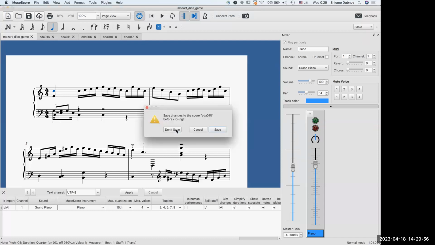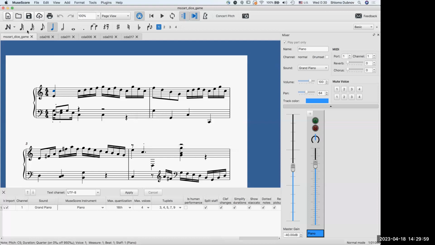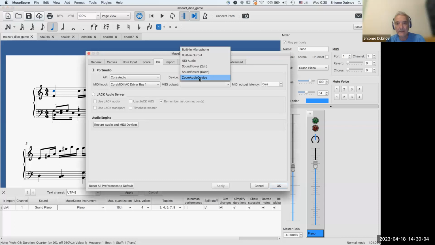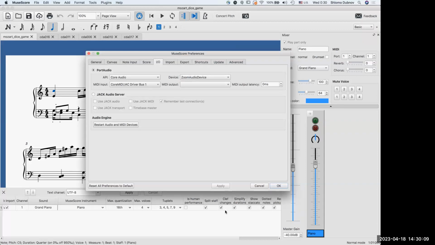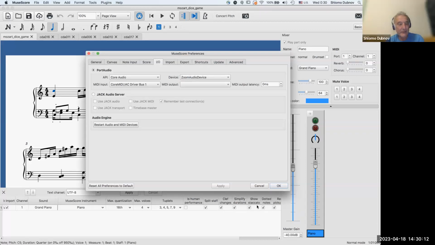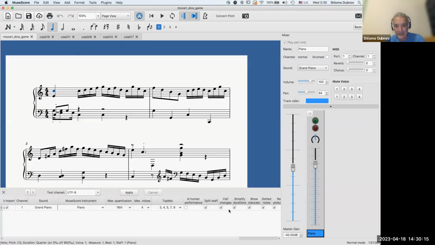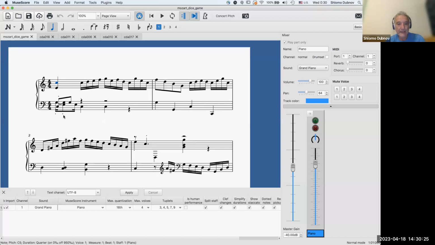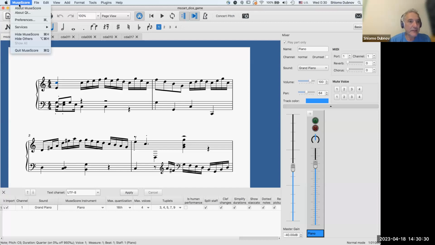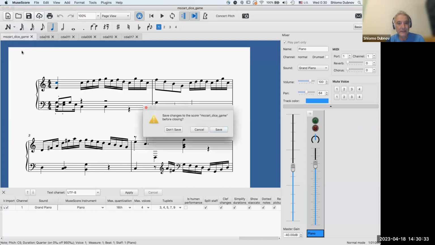Or can you try setting the output of the sound to Zoom? Right, no, I did that. I am sharing audio, sharing sound. Yeah, I had it last time. For some reason, I don't know if there is a way to reset without quitting, so let me restart it.